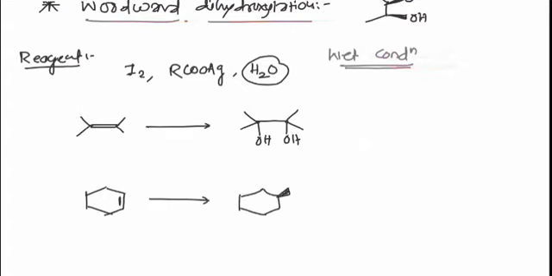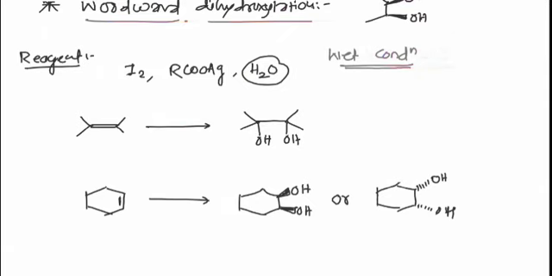You will get this product as a major, or you can have this one. So this reaction goes by syn dihydroxylation. We can call it the syn diol form, or the syn dihydroxylation. That will be the name of this particular transformation.